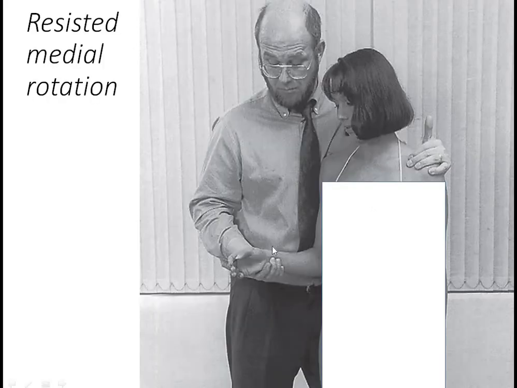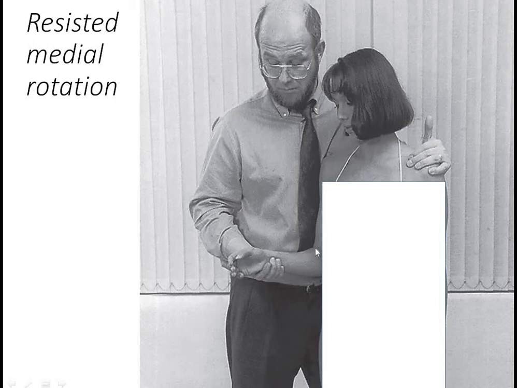But in this resisted medial rotation, the patient will move the forearm towards her body, in the direction of the therapist's elbow. That's why the fingers of the therapist will wrap around the patient's wrist from the inside.